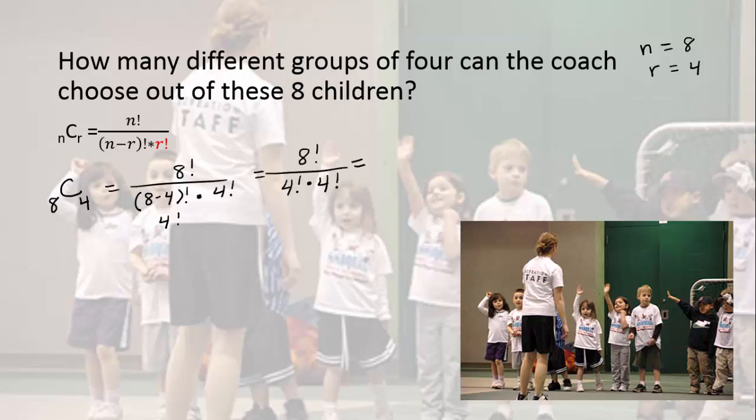I think this is going to be a pretty big amount, so I'm just going to go ahead and calculate. In the top, it turns into 40,320. And in the denominator, we've got 24 times 24. If you multiply that out and reduce, you get 70 groups of children. Can you believe that? So 70 different ways that coach could randomly choose 4 kids to be on a team together out of the 8 kids in front of her.